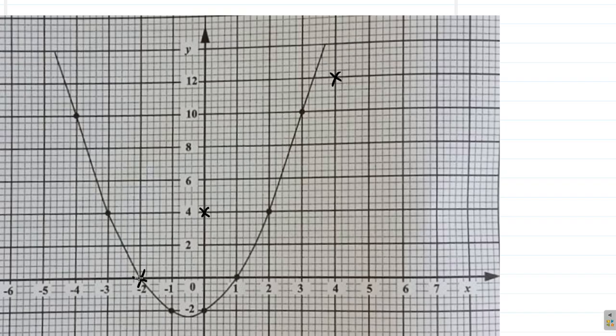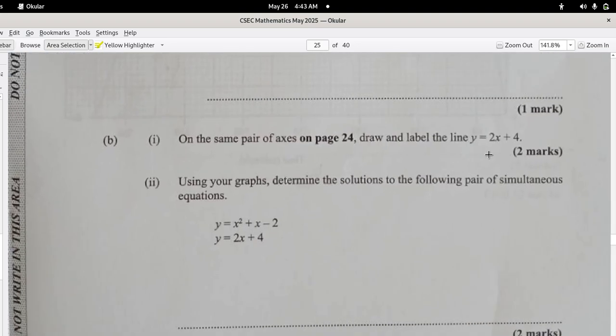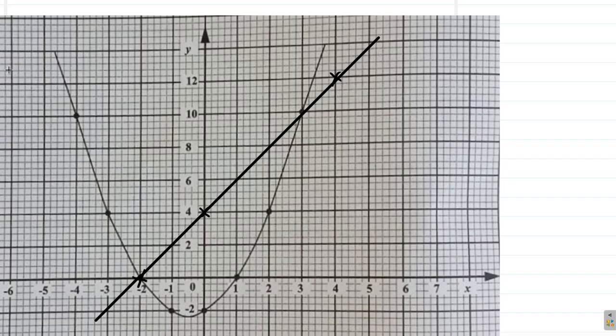So we have our new line. Here, on the same axes, you draw and label y equals 2x plus 4. Let's label it down here.